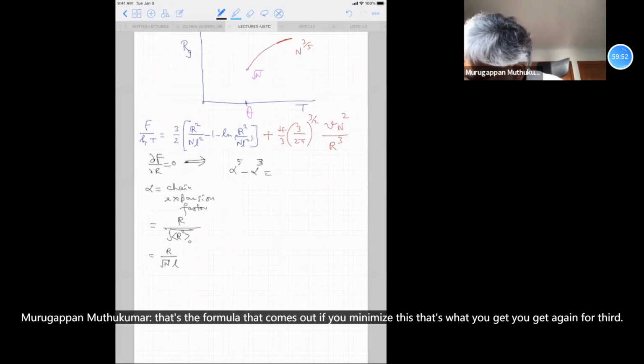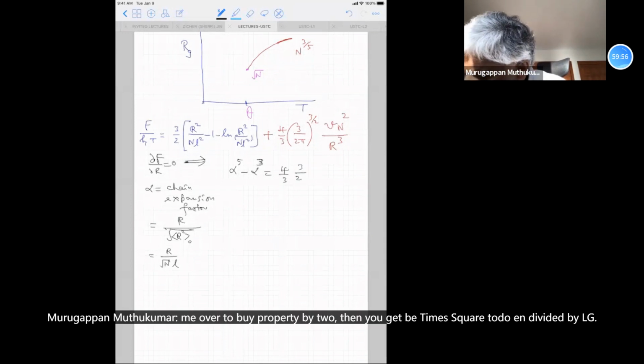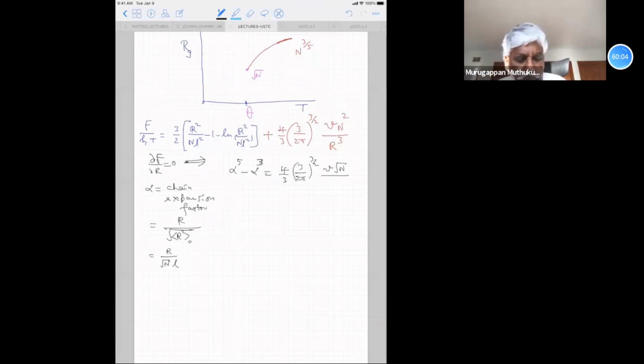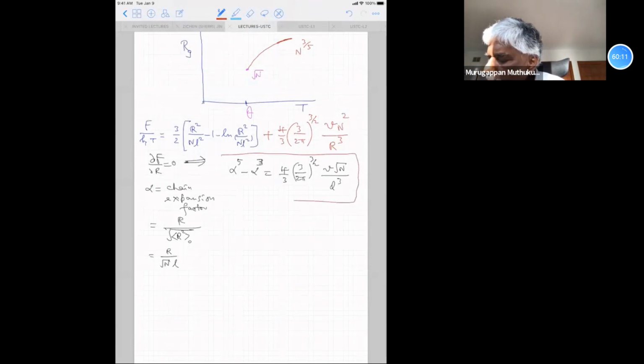You get, again, 4/3, 3 over 2 pi to the power 3 by 2. Then you get v times square root of n divided by L cubed. That's what you get.